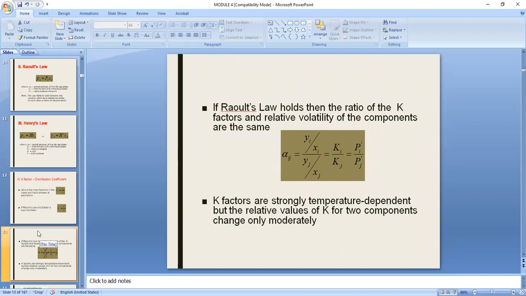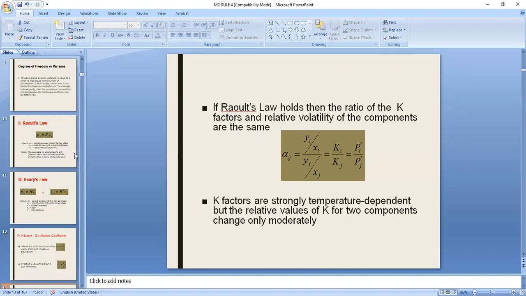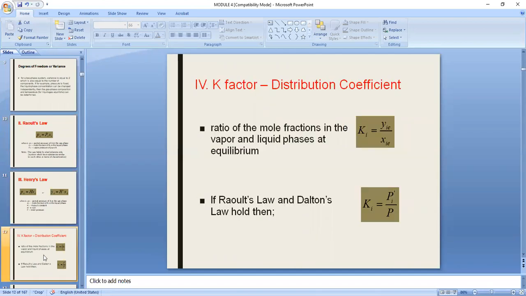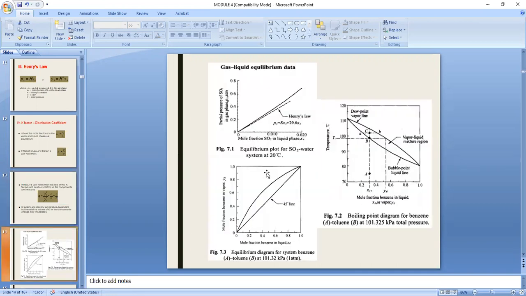Now, that's in the case of the K distribution factor. So these are actually the equations that tell you the relationship between variables at equilibrium, or that specify the equilibrium condition. Now, in terms of equilibrium diagrams, these are the equilibrium diagrams that express relationships also.